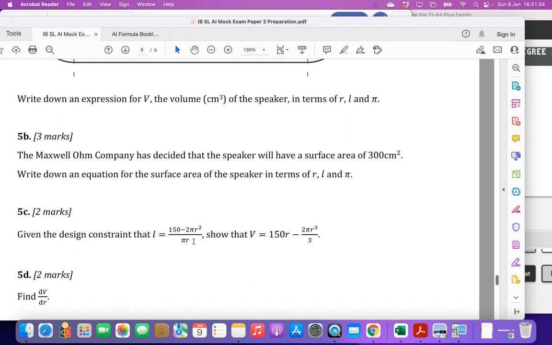So there's my basic linear algebra there, where they want us to rearrange the equation and solve for L in terms of r.